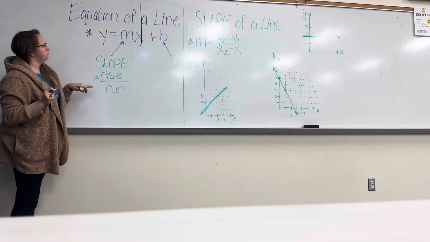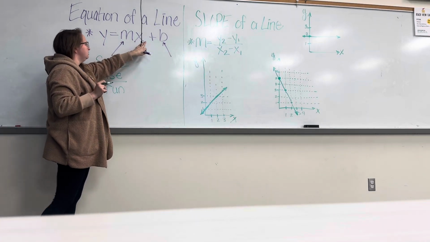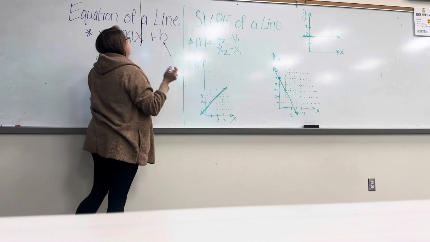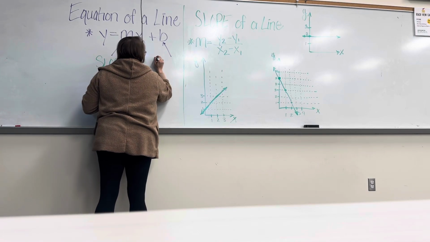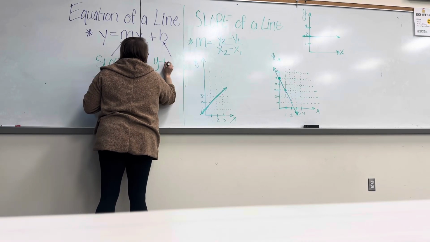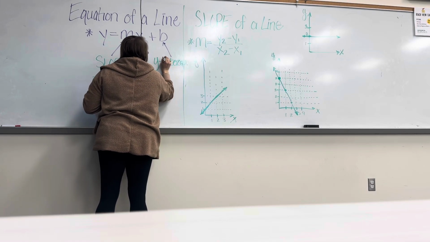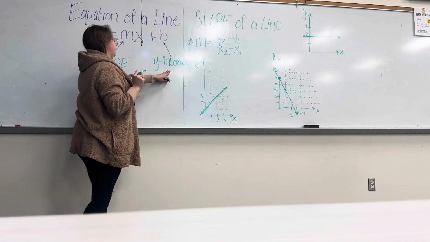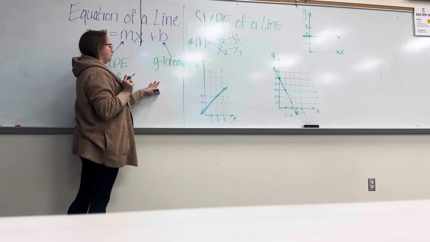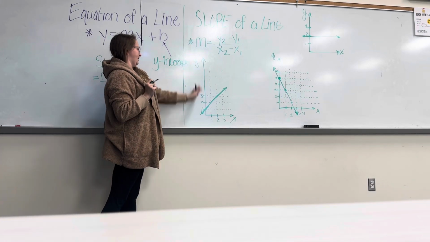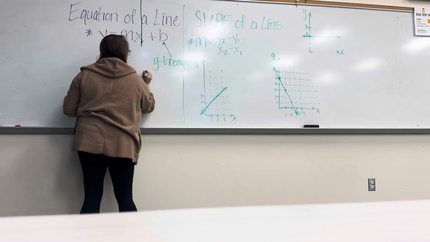M is your slope. X is a variable. B is your y-intercept. Your y-intercept is where your line crosses your y-axis, okay?